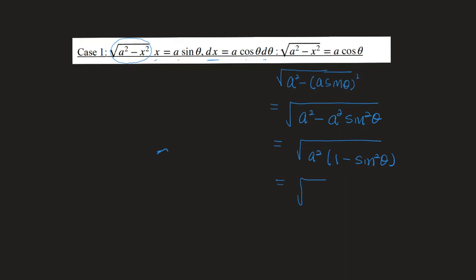Another way to write it is a squared cosine squared theta, because 1 minus sine squared theta is cosine squared theta. The square root gets rid of the square: square root of a squared cosine squared theta is a cosine theta. That's how we get rid of the square root by using trigonometric substitution. I'm going to give an example in the next slide.